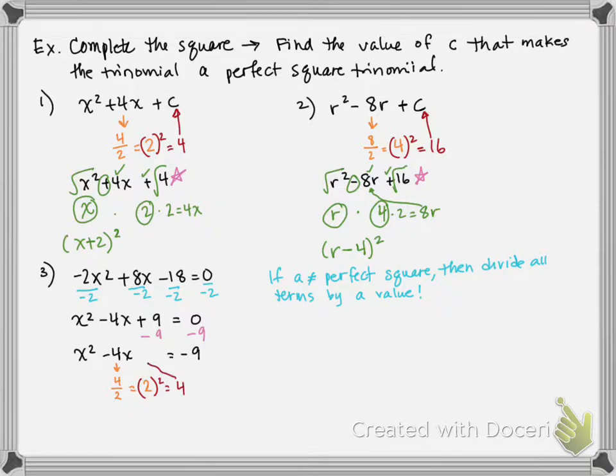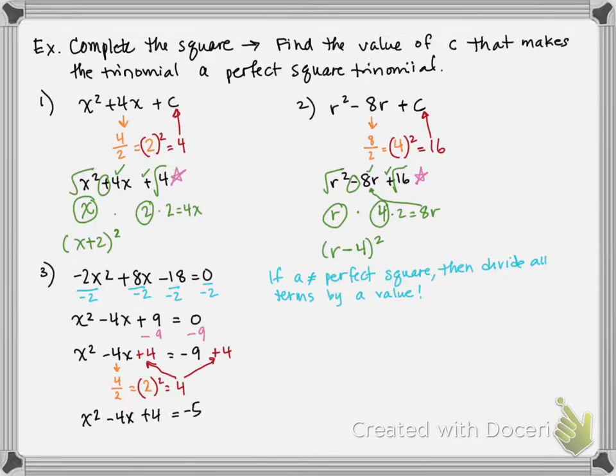We're going to add that in 2 locations: to the end of the binomial to make it a trinomial, and on the other side as well. So then we get x squared minus 4x plus 4 equals -5.